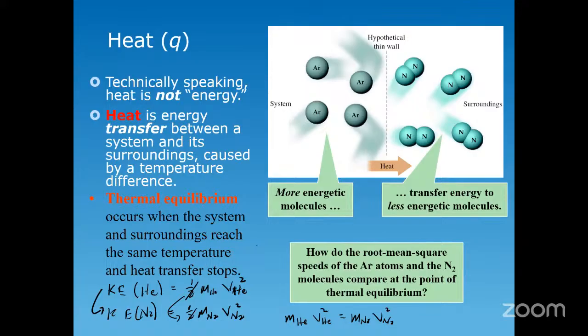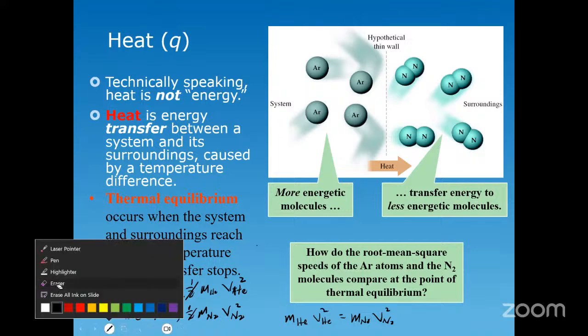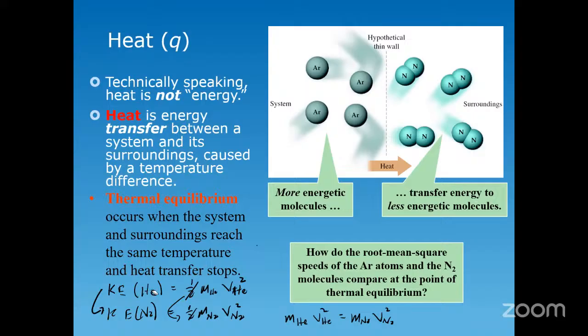So the question is asking, how do the root mean squared speeds of the argon atom compare? Oh, what did I say here? It should be argon. Let me replace helium with argon here, here, here, here.